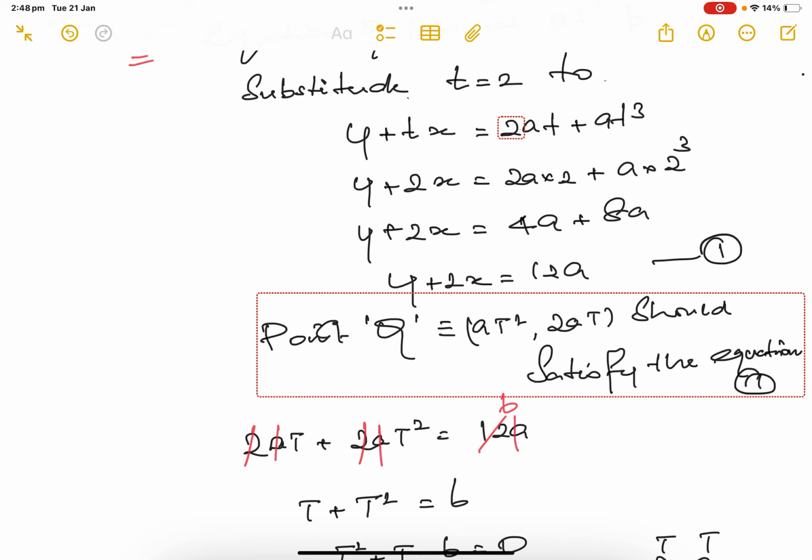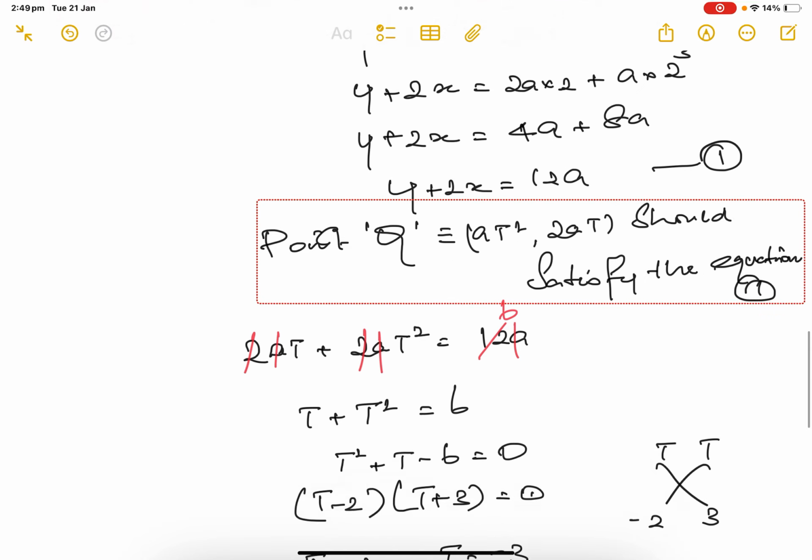But that line actually meets the parabola again at Q. Q's coordinates are given as a T squared, 2aT. So this coordinate Q is on that normal equation. Therefore, this coordinate should satisfy the equation.